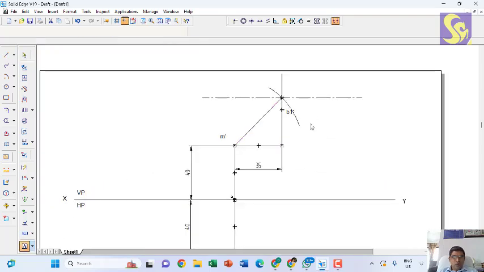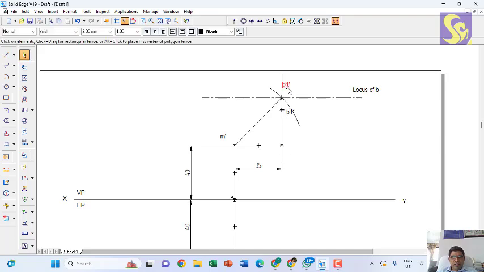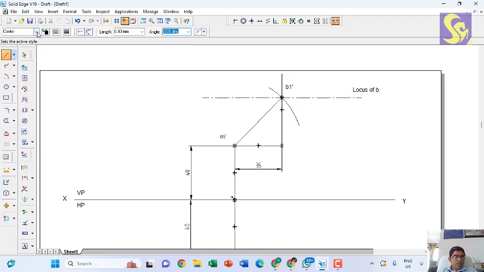And once I get this locus of B in the front view, I can mark B dash, because M dash B dash shall be 40 mm. M dash B dash shall be 40 mm. So I can draw one arc with M dash as center, radius equal to 40.